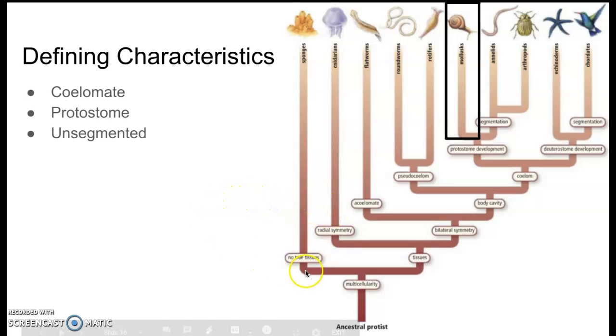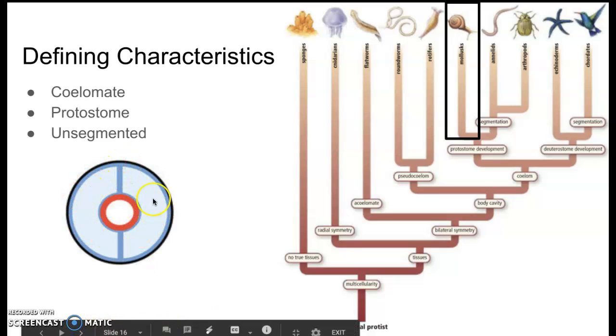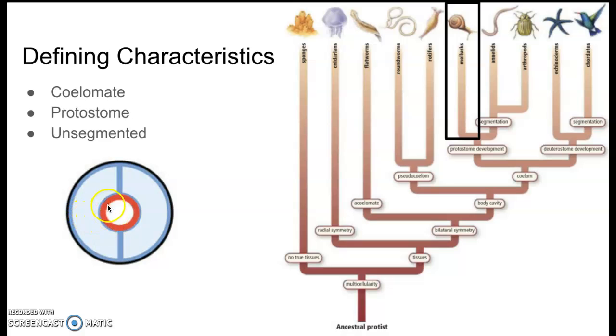So the coelom actually forms around the mesodermal tissue, and it allows this intestinal cavity to expand as this tissue can move. This tissue, mesodermal tissue, will become the blood and some of the other organs that help transfer materials.